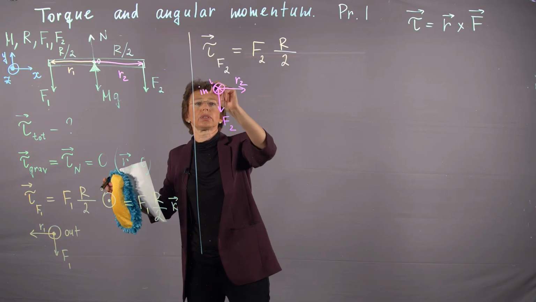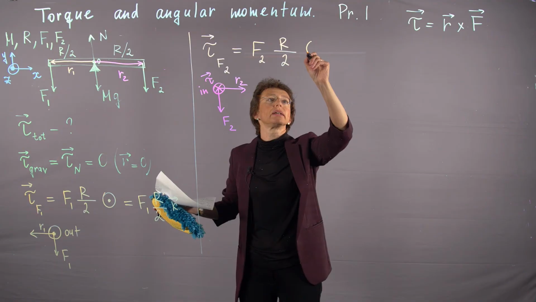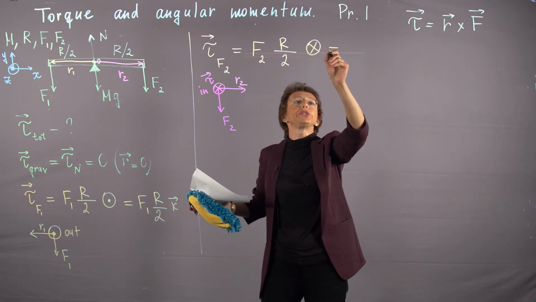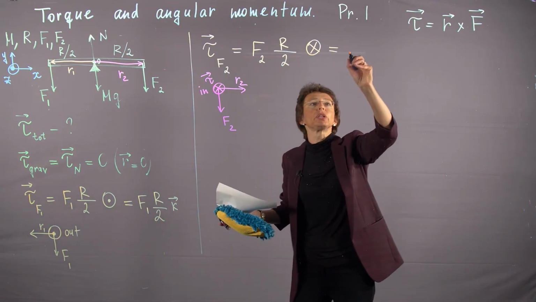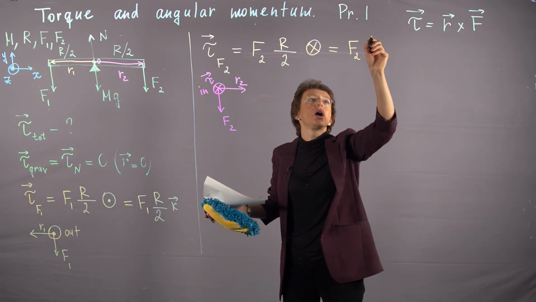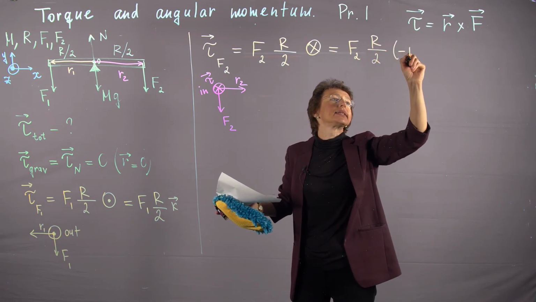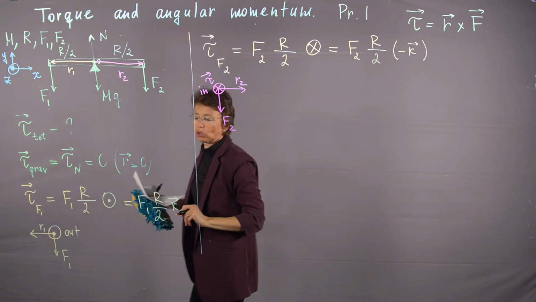I will put it here. If I want to write it in terms of unit vectors, it will be F2 times R over 2 times minus k. It is into the board along the negative direction of z.